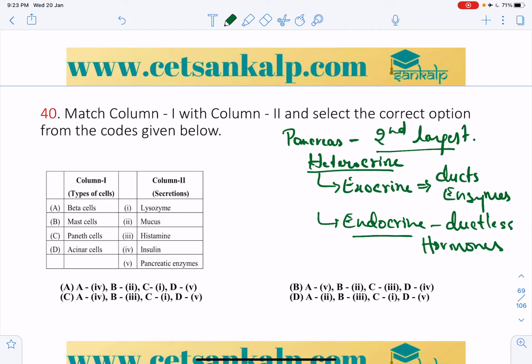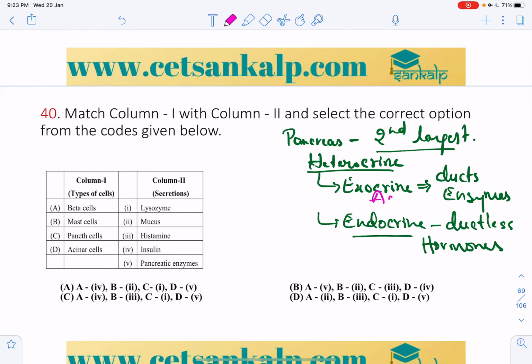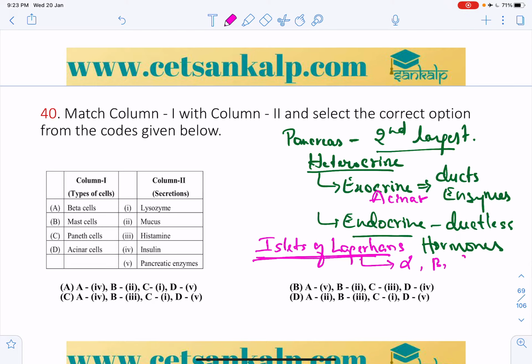We already discussed the acinar cells, which produce the enzymes, the exocrine part, and the islets of Langerhans, which have different types of cells: alpha cells, beta cells and delta cells. Alpha produces glucagon, beta produces insulin, delta produces somatostatin. So let us take the beta cells, the first option.